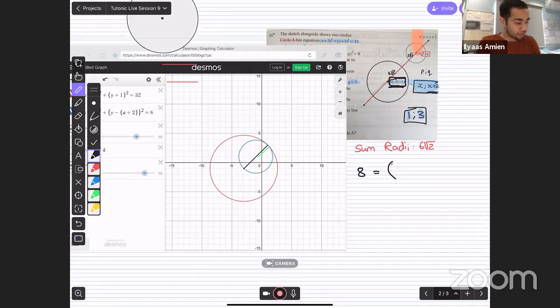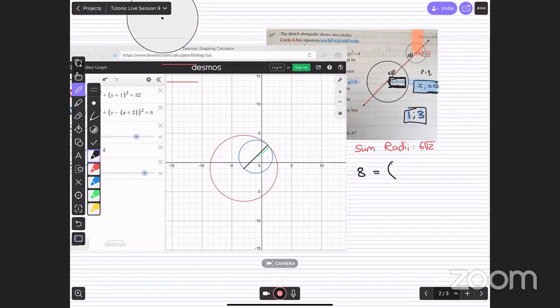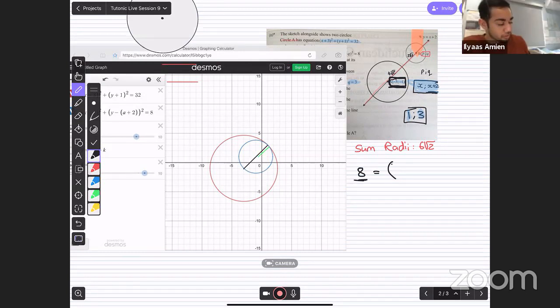Here are your x values. -3 and -1. So what are you going to write down? Iman? Yes. So what's going to be your equation? D is equal to R minus R of the big circle minus R of the small circle, which is 8 or root 8.